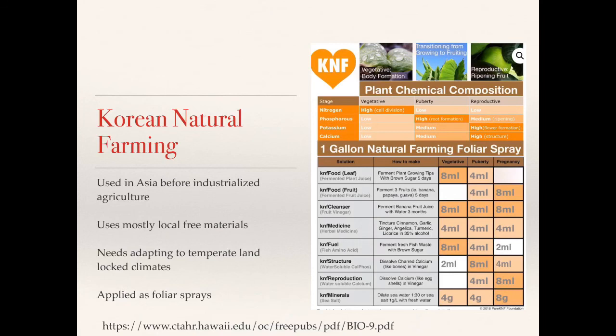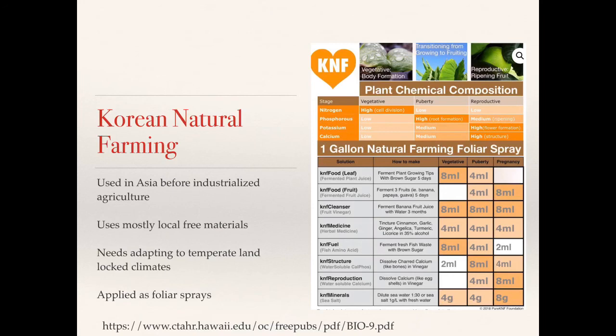Korean natural farming, wow, this stuff is really cool. We're actually going to cover this in the fertility and pest management class. We're going to look at all these different homemade fertilizers that they use, but in the meanwhile, just Google this stuff. It's really, really neat. The University of Hawaii has some really good publications on Korean natural farming.